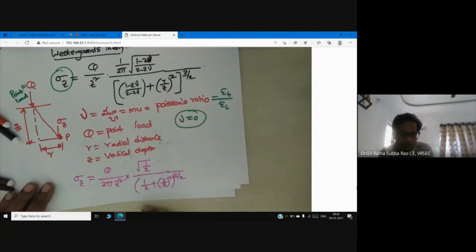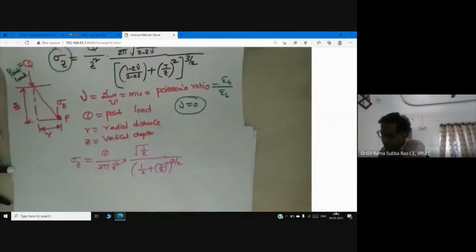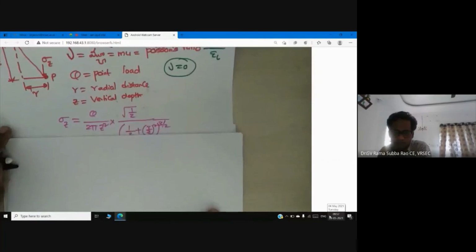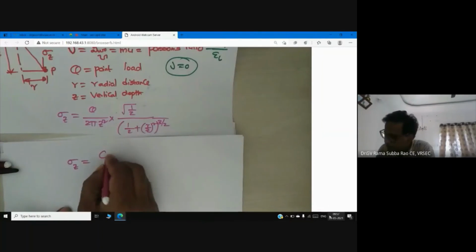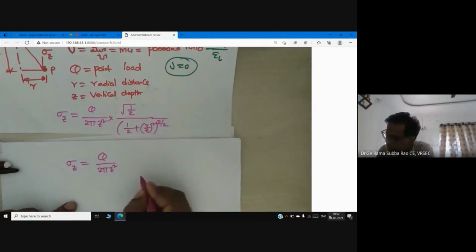So now it is very easy to understand the entire equation. Sigma z is equal to q by 2 pi z square.